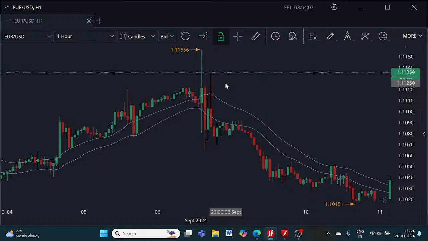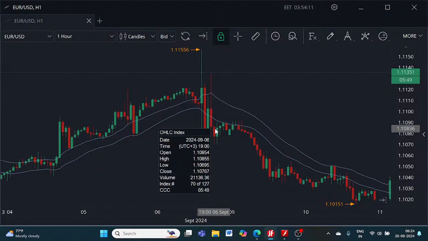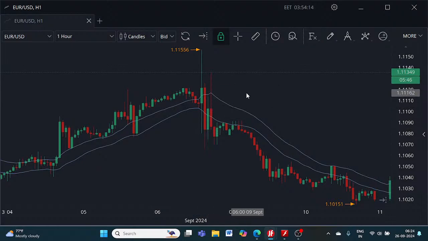Only after a while did the price stabilize, and we had this continuous move on the downside.